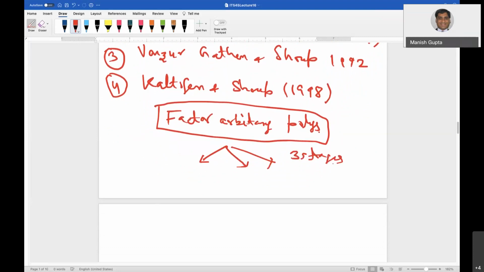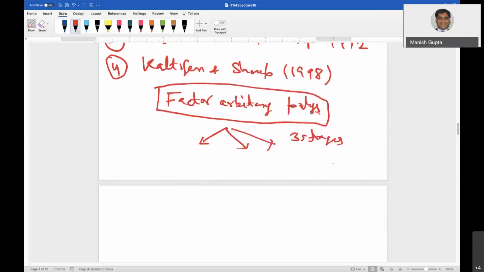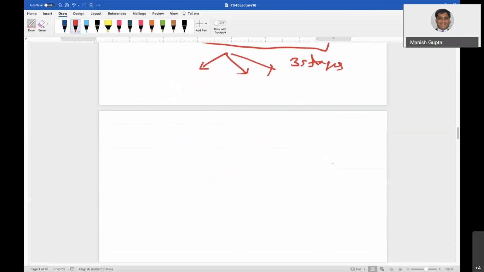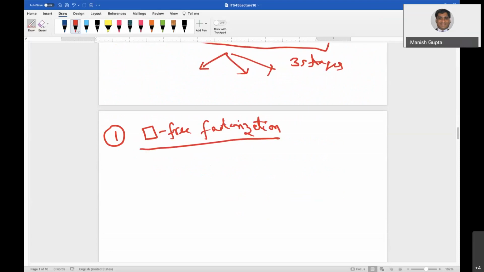I'm going to describe algorithm number 2, by Cantor. Okay, so the first stage is square-free factorization.